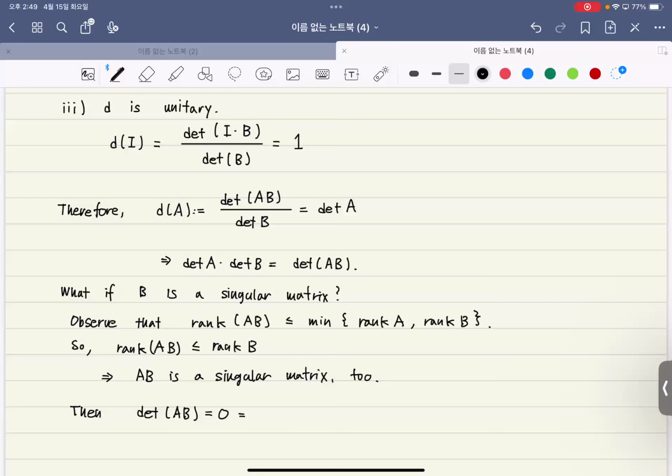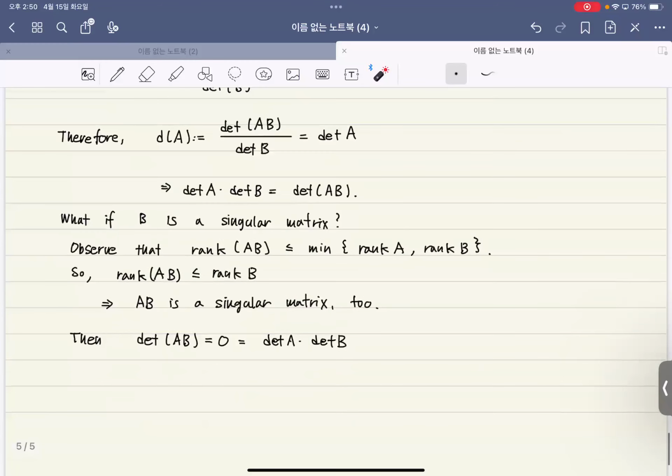But this is also the same as the determinant of A times the determinant of B. So this product must also be equal to 0, because the determinant of B has to be 0, because B was assumed to be singular. Therefore, this formula is also true even if B is a singular matrix. So the proof is done.